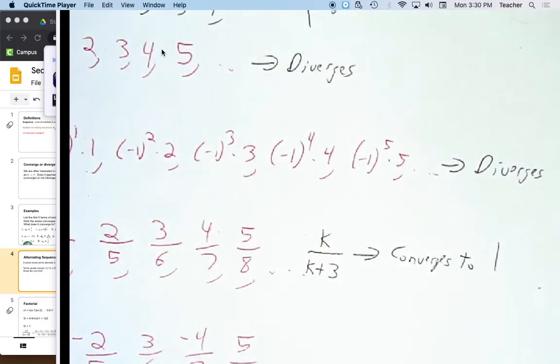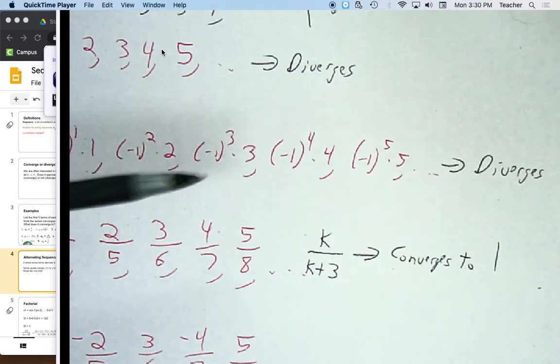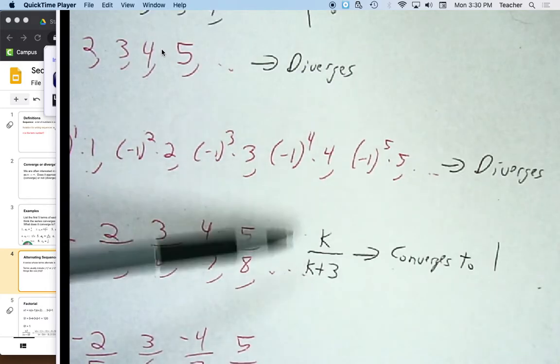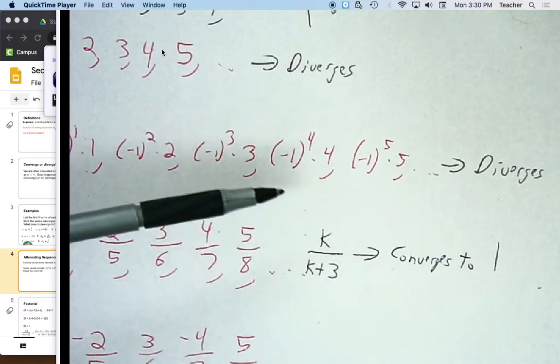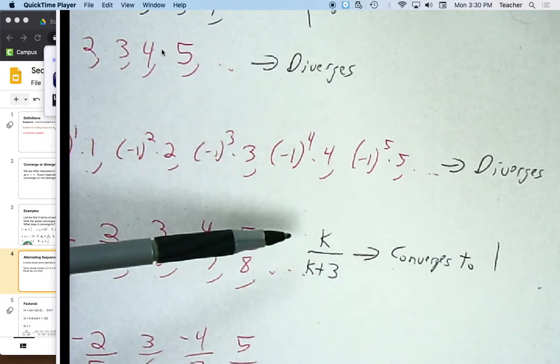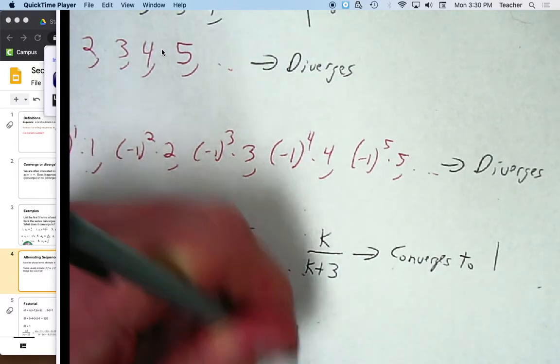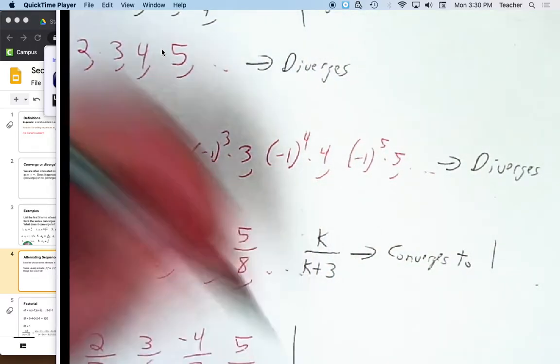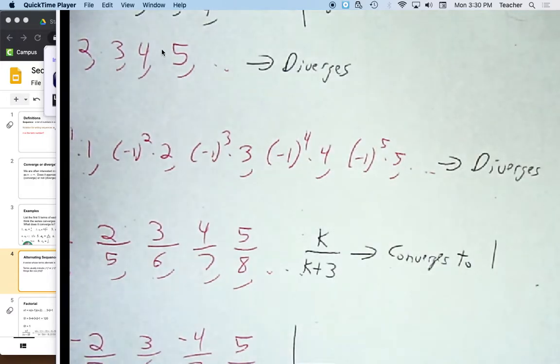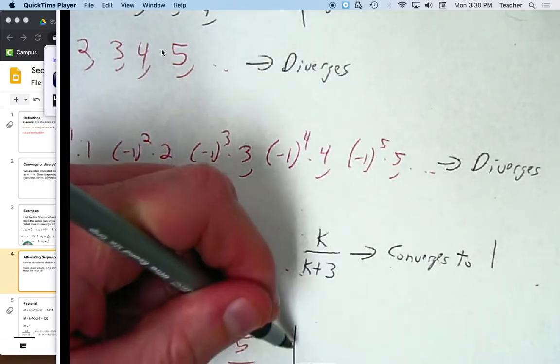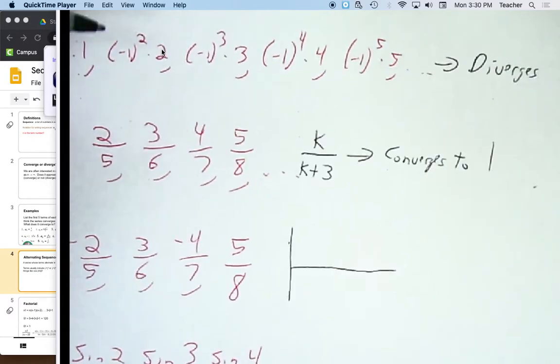And so it's sort of like finding the horizontal asymptote of that graph, right? It's not technically a graph, it's just those dots, like we graphed up above, but it is converging to that number. Next one, you'll notice some patterns here. This is basically just like number 5, except it's alternating, right? And so now we've got a little bit different situation, because we're going to be alternating back and forth between above and below the x-axis.